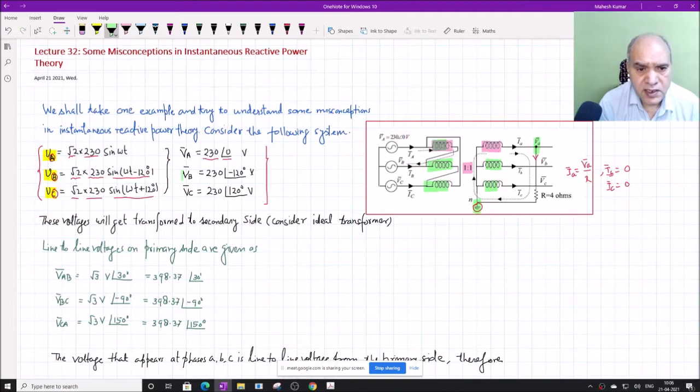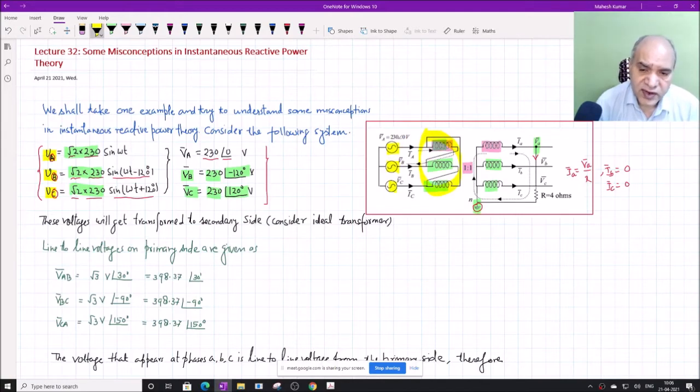Similarly for phase B, RMS value and its angle, and phase C, RMS value and its phase angle. Root 2 into 230 is the peak value. These voltages are applied at the primary of the transformer, on the primary side: VA, VB and VC.